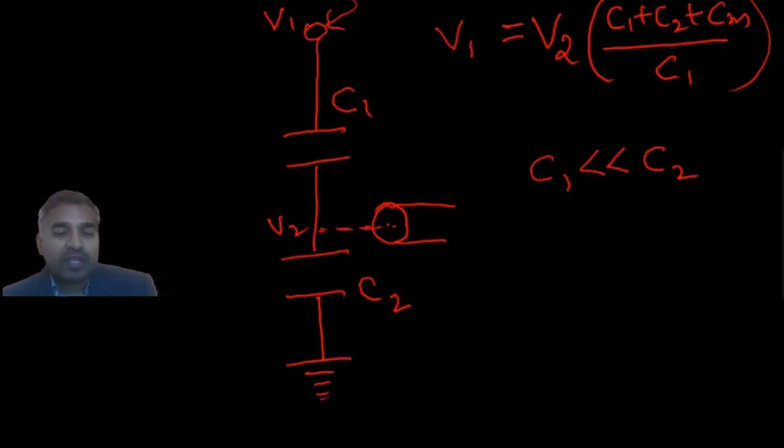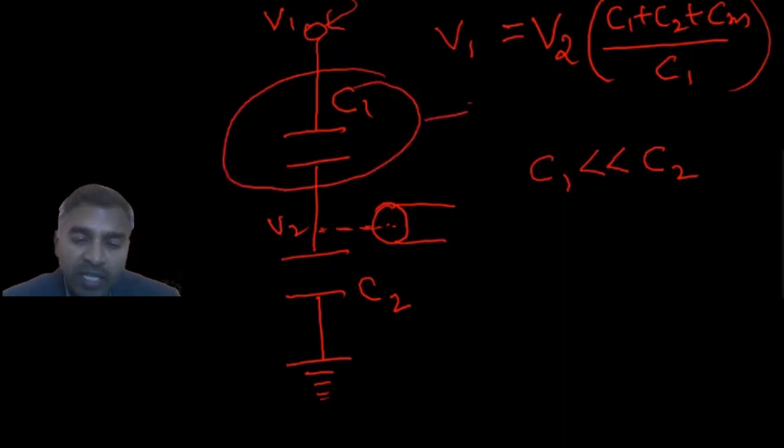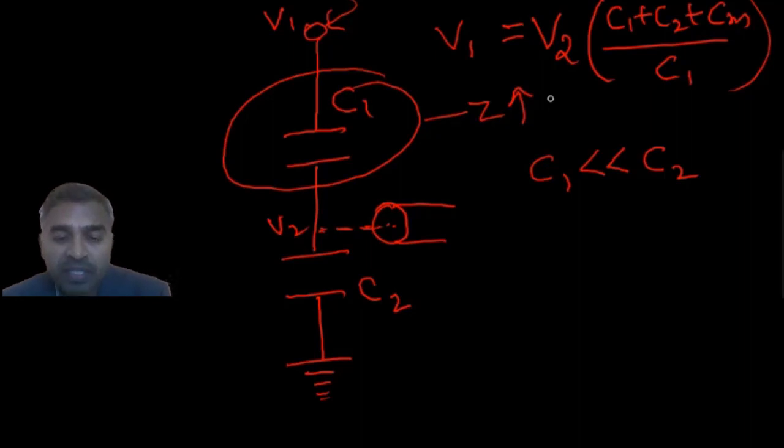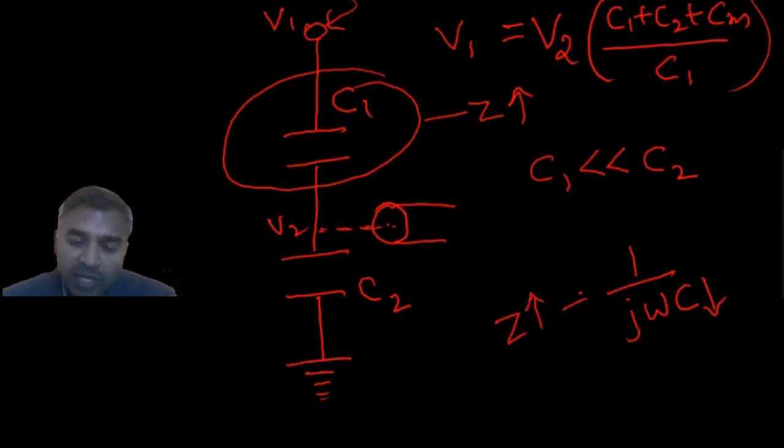So the impedance of C1 should be high. The impedance of a capacitor is given by 1 by j omega C. So for Z to be high, this implies C should be small.